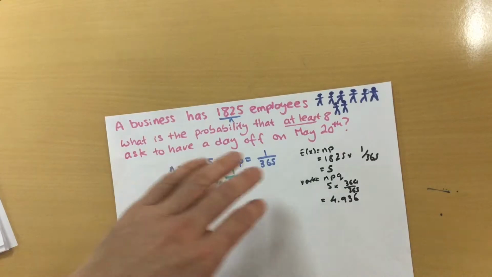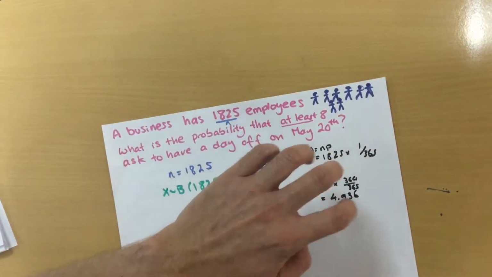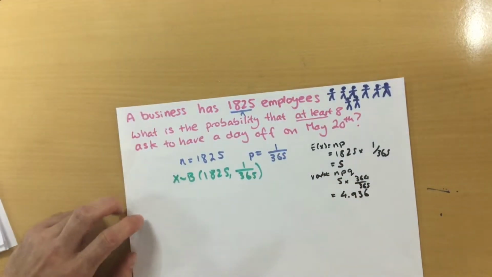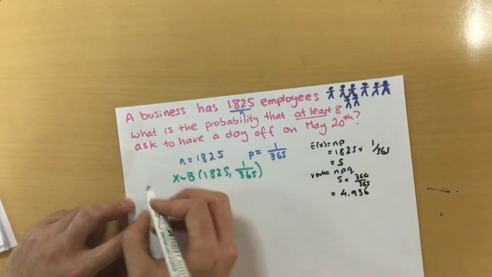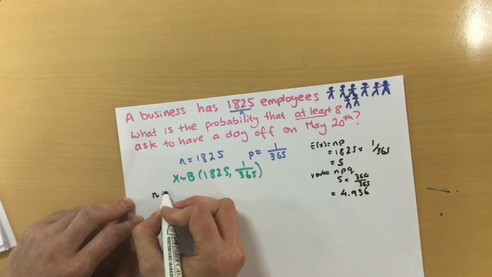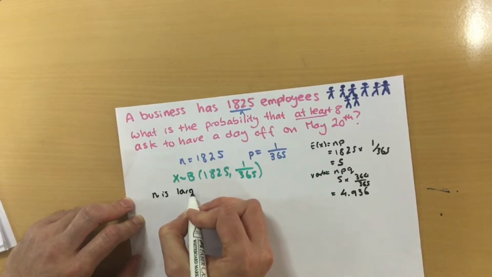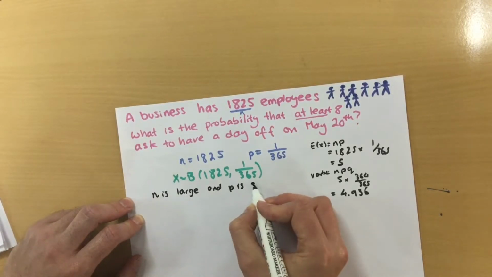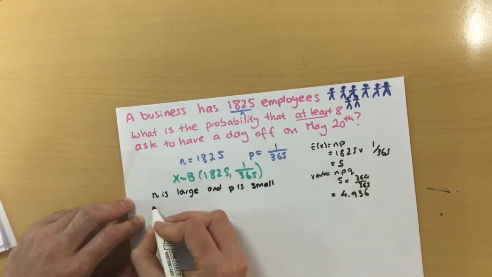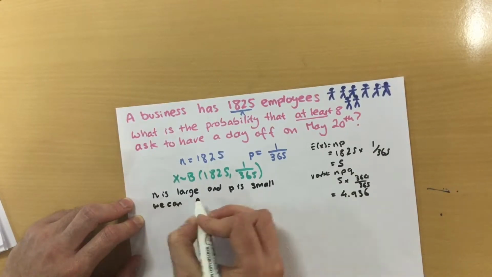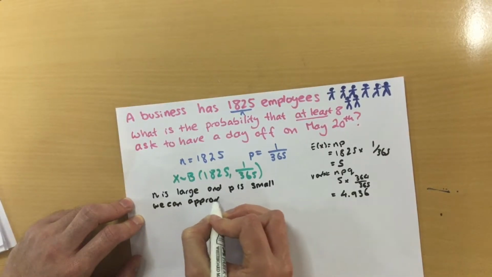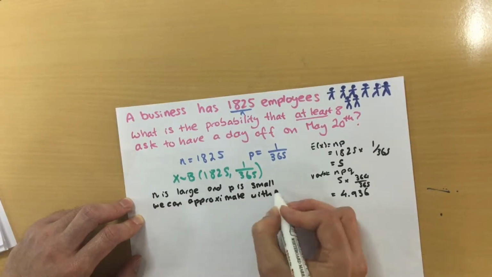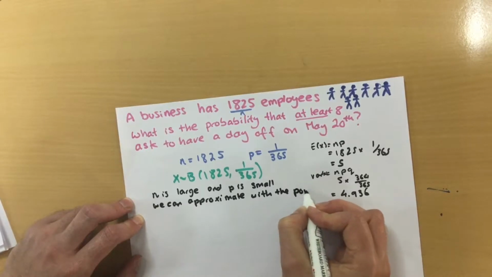Now you don't have to do this in an exam every single time to prove that using the Poisson is okay. All we need to say is that because n is large and p is small, we can approximate with the Poisson.